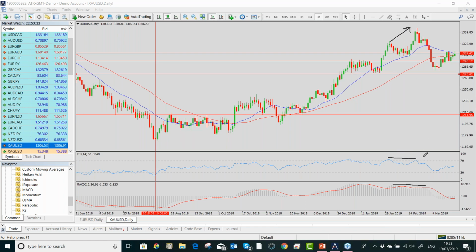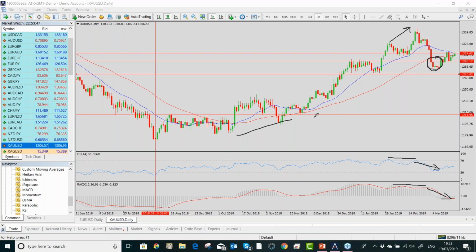So that suggests that the momentum and the trend is no longer as healthy as it once was, and perhaps that could be coming to an end. So we may want to avoid entering another trade around here, because of the fact that now the RSI and the MACD are both pointing downwards.